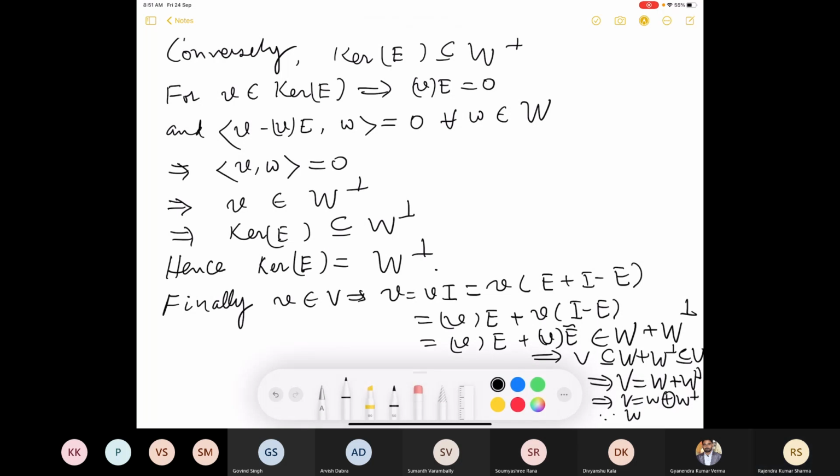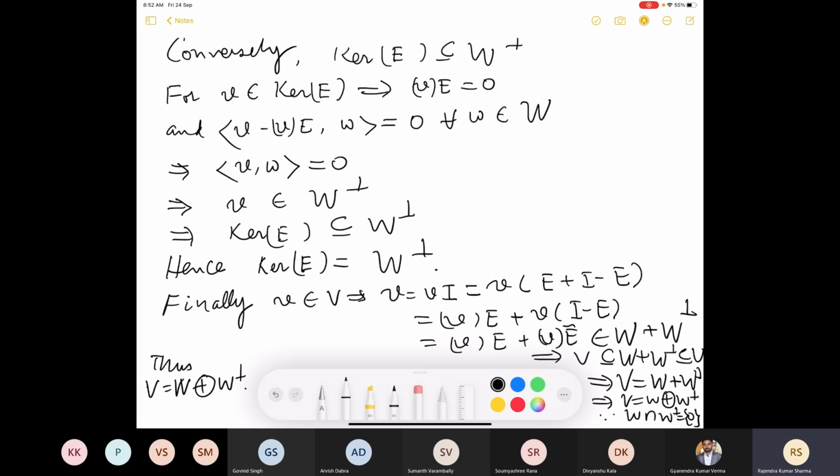So also we have proved V is the direct sum of W and W orthogonal. So we have done the whole proof, although I wanted that we should do more.